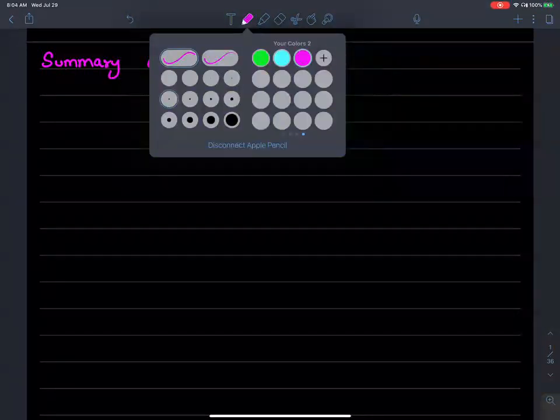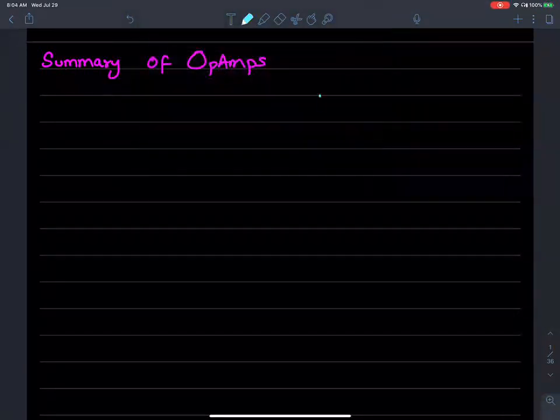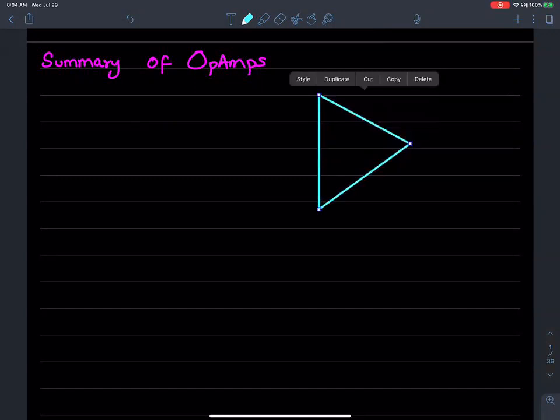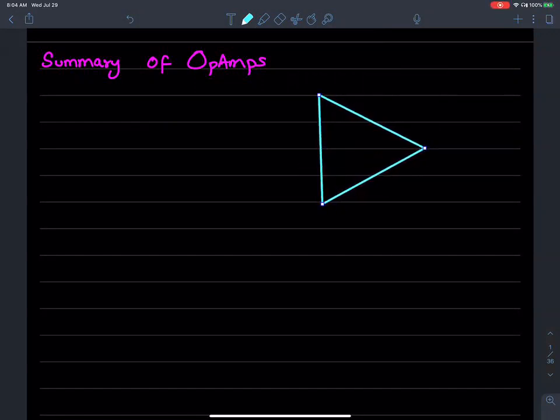What is an OpAmp? An OpAmp is a 3-terminal device. It has more than 3 terminals, but the terminals of interest to me, there are three terminals.